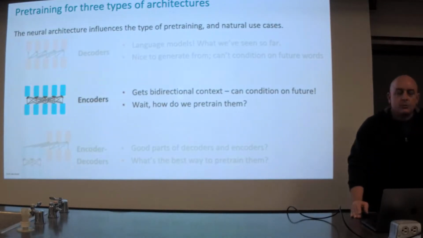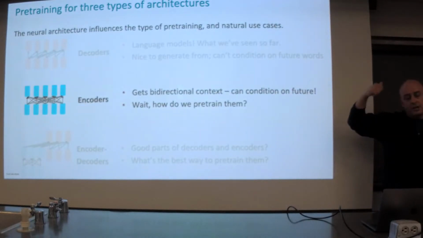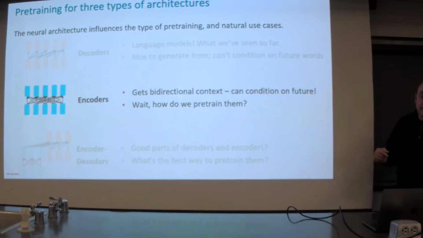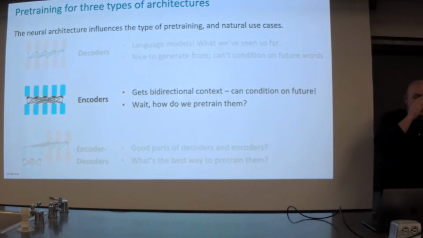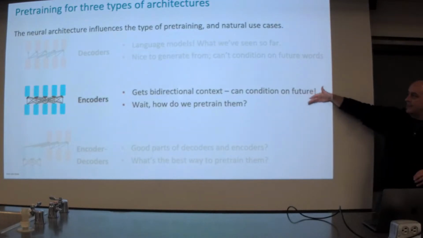Okay, we're going to come back to decoders in a bit because we'll talk about GPT-3 at the end of this. Okay, encoders. Decoders are the canonical example because the task of predicting the next token just sort of makes sense. What's not obvious is the encoder case.